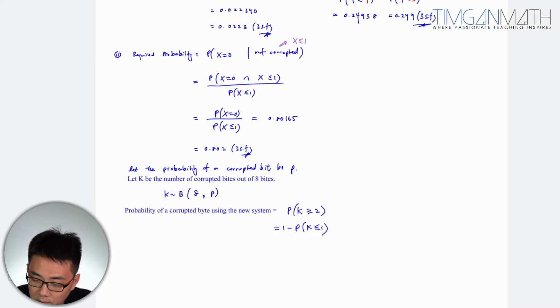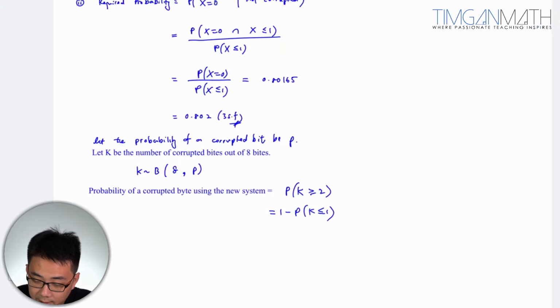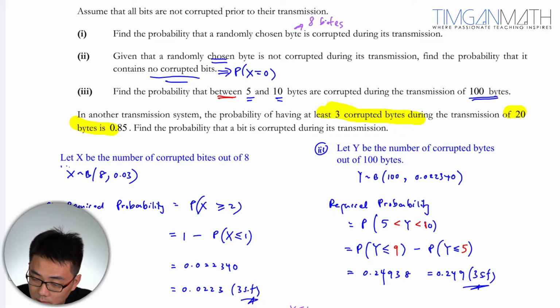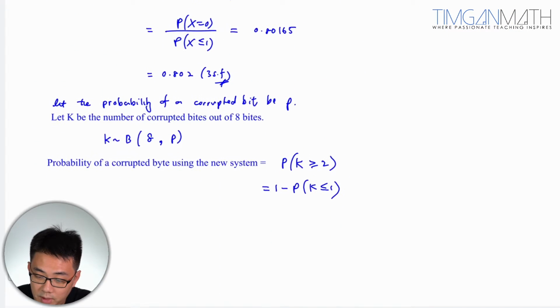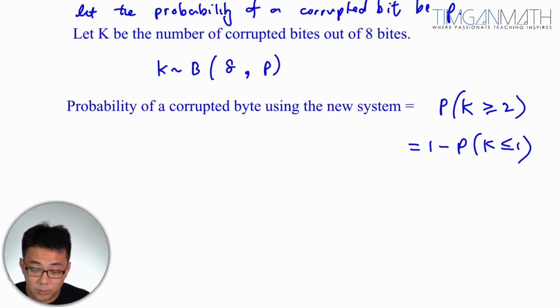Okay. Now the thing now is we are told that 20 bytes, 0.85, right? Find the probability of the bit. So we need to find p. So we're told that having at least 3 corrupted bytes during a 20 bytes transmission would be 0.85. So there's another probability.